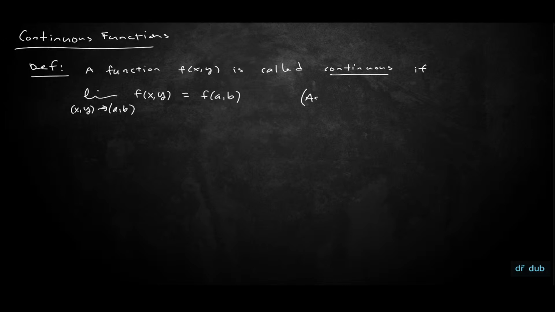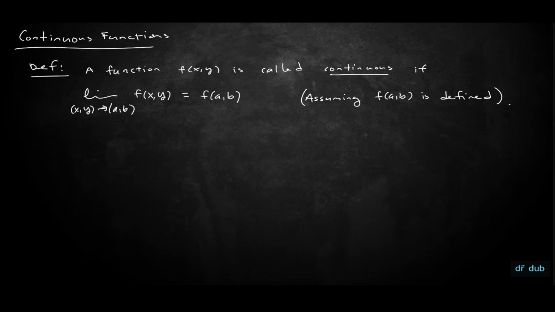So of course this is assuming f(a,b) is defined, and assuming the limit as we go to (a,b) exists. So that's what it means to be continuous. It basically just means that the limit is equal to the function value.